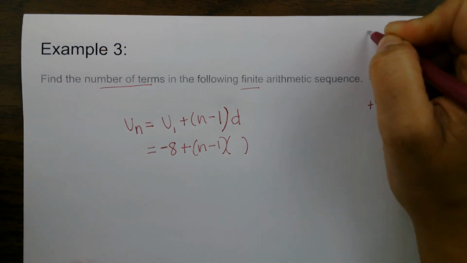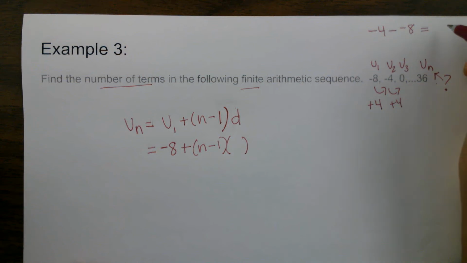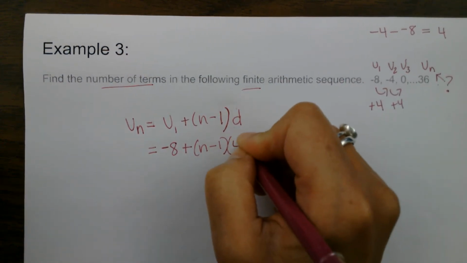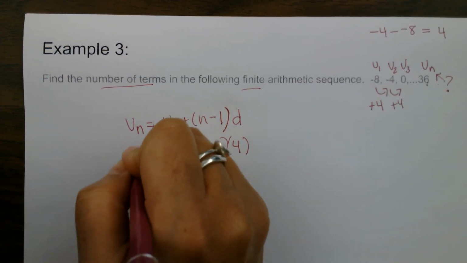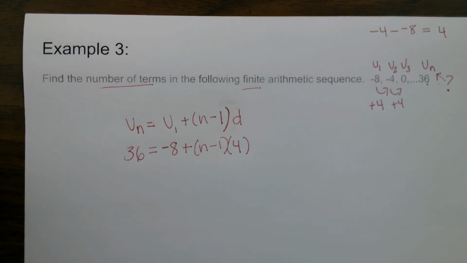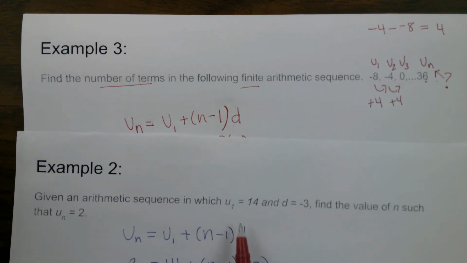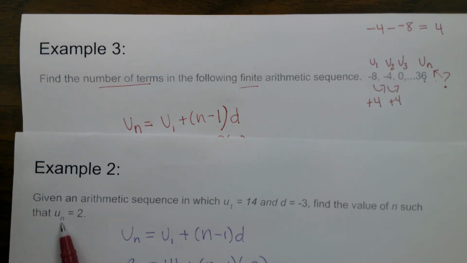Again, take the second term minus the negative 8, the first term, and you're going to come out with positive 4. Do we have a u sub n? Do we know what number we end on? Yes, we know what number we end on. We just don't know that term number. So this is very similar to example number 2. In example number 2, I just gave you the information in a different way.